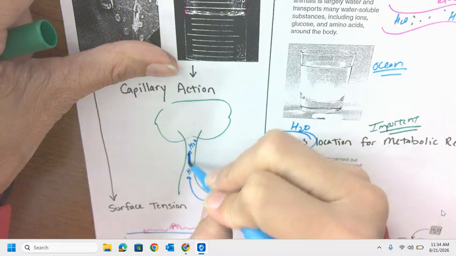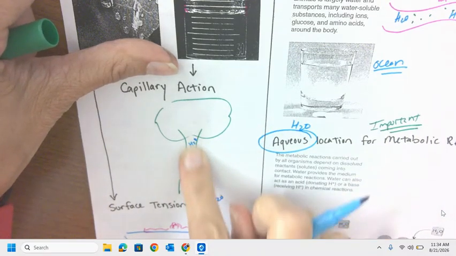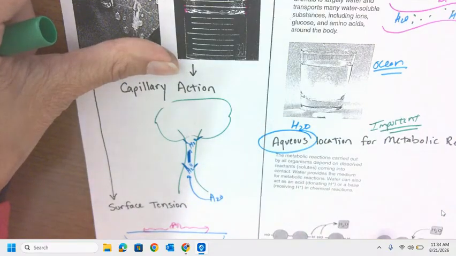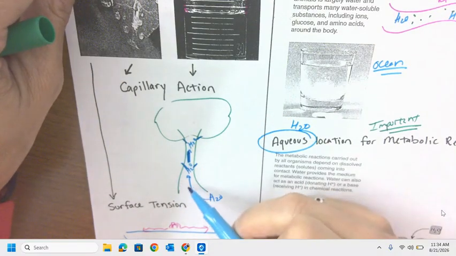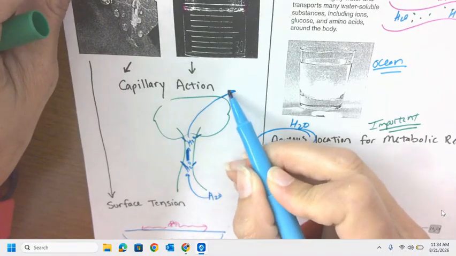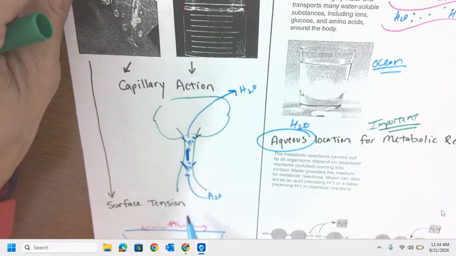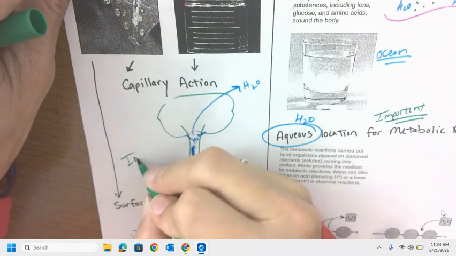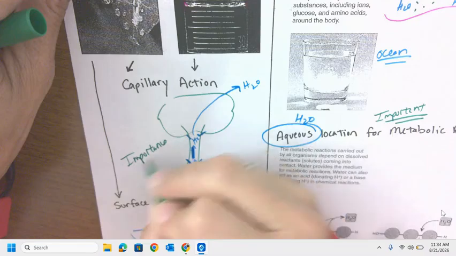One, the water molecules will stick to each other, cohesion. Two, the water molecules will stick to the tubes inside the tree trunk, adhesion, and that will help the water move up the tree because as the water comes out of the leaves, it evaporates and that pulls up the other water behind it. So this is kind of the important section for life on Earth.